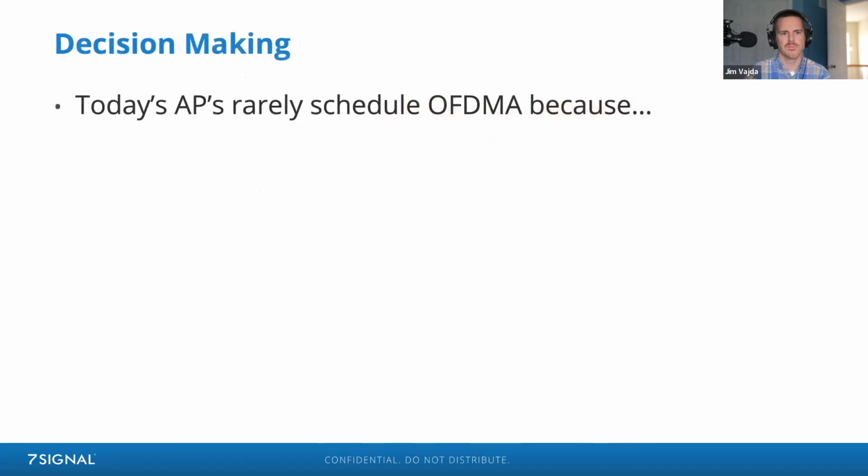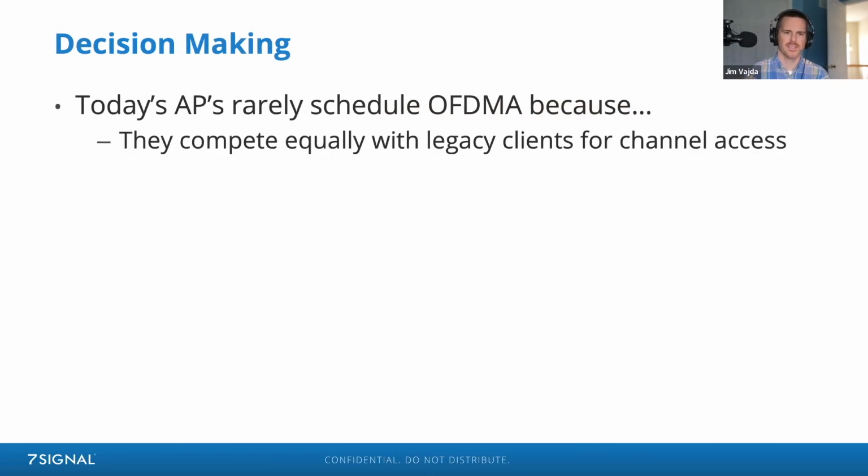Some of the reasons that we don't see OFDMA very often today: first is we're using spectrum that's shared with legacy clients. An access point operating in 2.4 gigahertz probably has a lot of clients that are 802.11n or AC connected to it. And those access points have to compete with those clients for channel access. And when the AP wins channel access, that's when scheduling and OFDMA can occur.